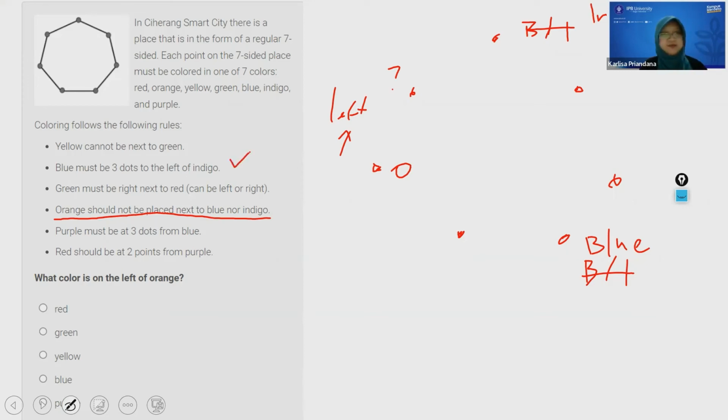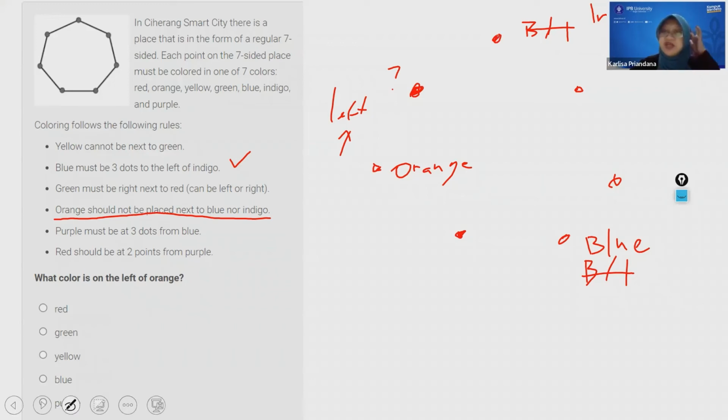And what we know? We know green must be right next to red. Can be left or right. Because we already know that this is orange, and we have leftover dots over here. We know that this is blue, and this is indigo.